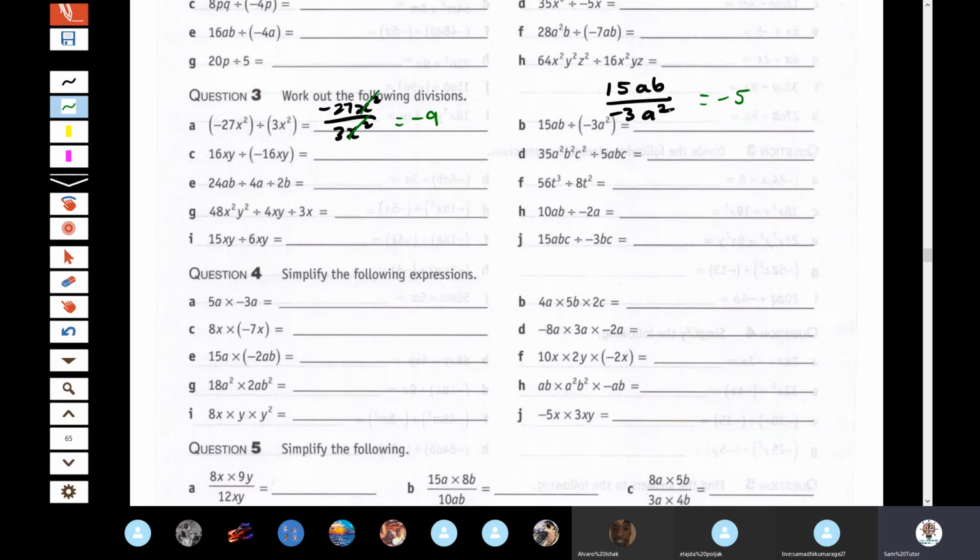Because a squared is bigger than the a that's on the top, when I cancel out my a, I'm left with an a in the bottom. Remember that? Compared to if I had this case, this one I would have had a on the top. This a squared's bigger, so I've got an a on the bottom, and then you've still got a b on the top.